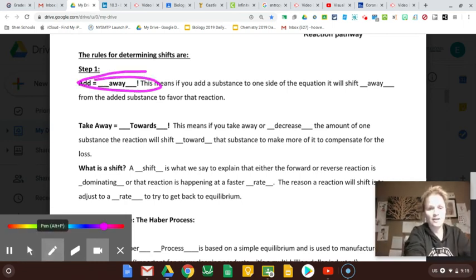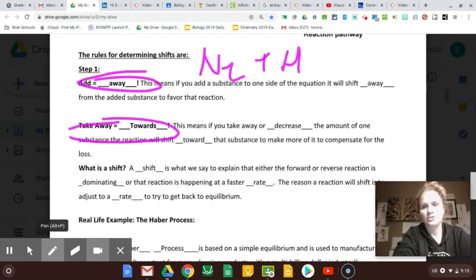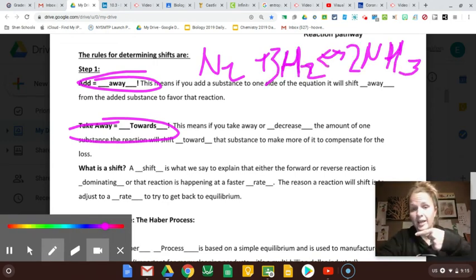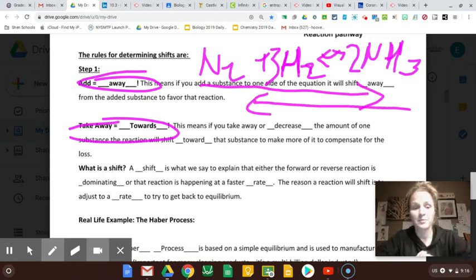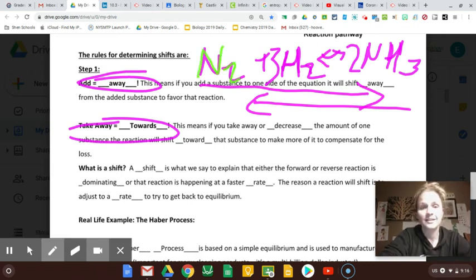take away towards. So if we had that same reaction, N2 and H2 making NH3, let's say we have this reaction happening. These things are doing this at the same rate that these things are going back the other way. Let's stress the system by adding more N2. Lots of N2, just a gazillion little N2s.